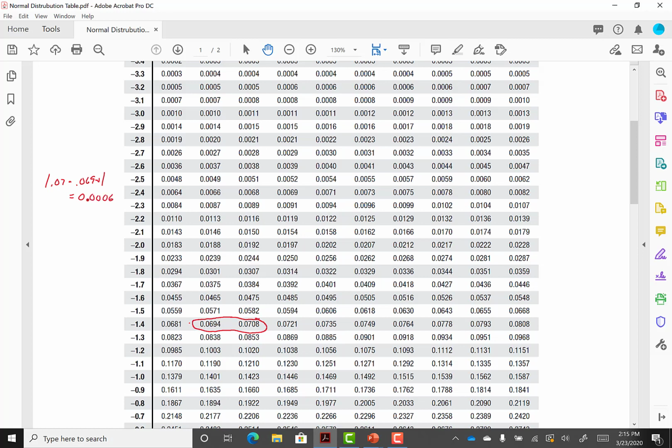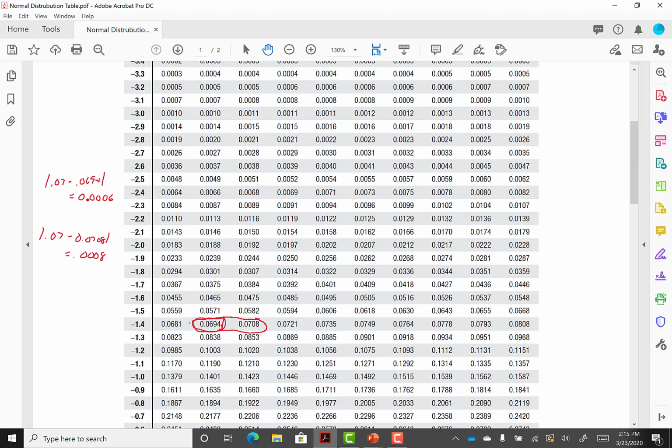And if we do the same thing for 0.07 and 0.0708, we get 0.0008. So in this case, the 0.0694 is going to be our closest value.